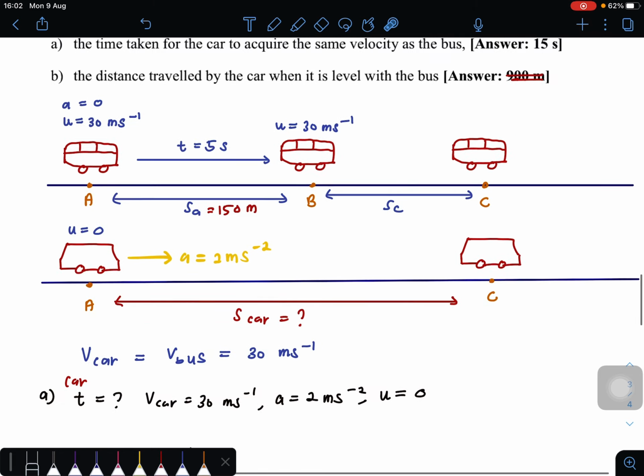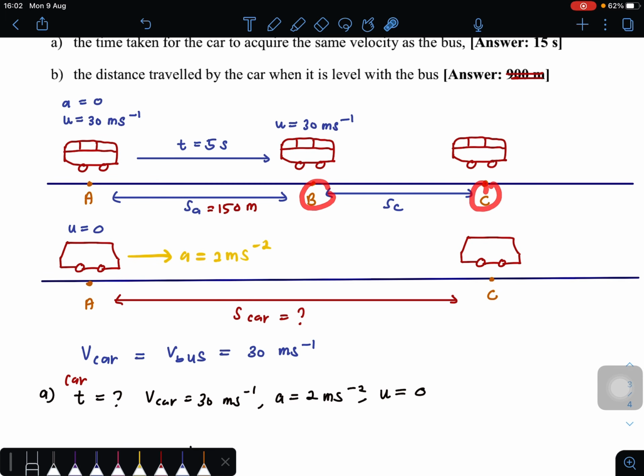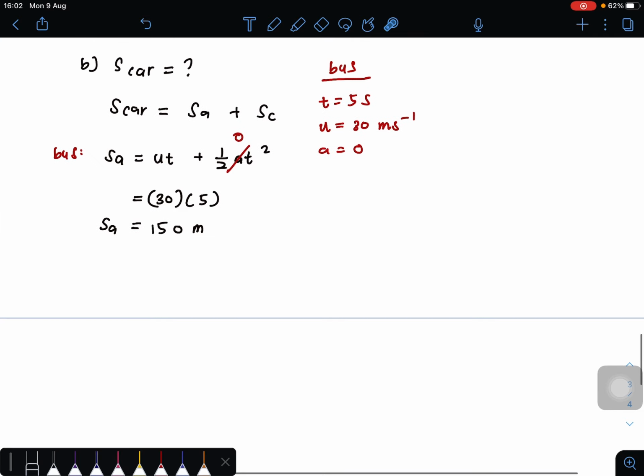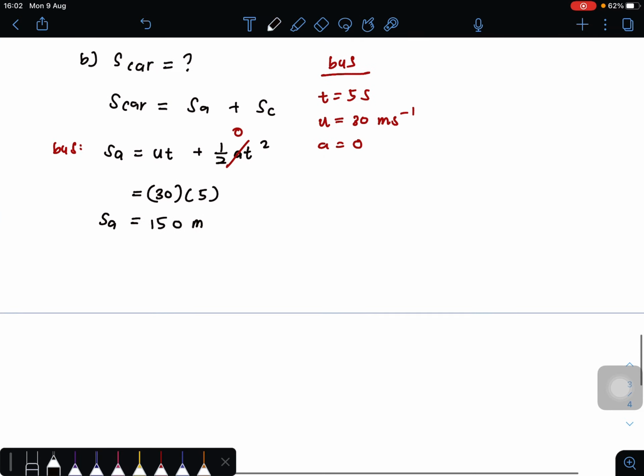Now we want to find from point B to point C. Here we don't have enough information. So how do we do this? How do we find this? Let's bring it out again. S car is equal to SA plus SC.